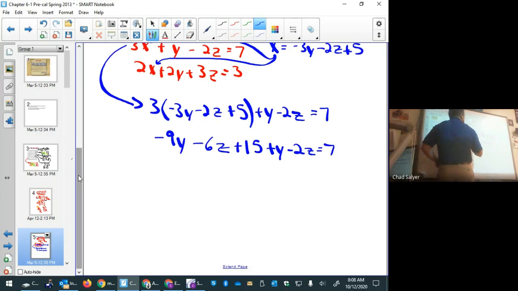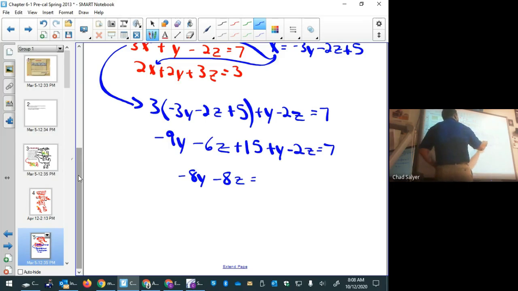So let's combine our like terms here. Minus 9y and plus y are minus 8y. Minus 6z and minus 2z are minus 8z.